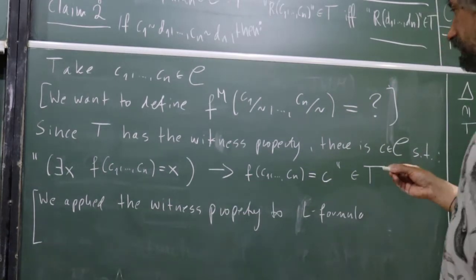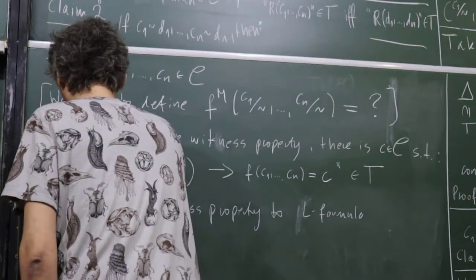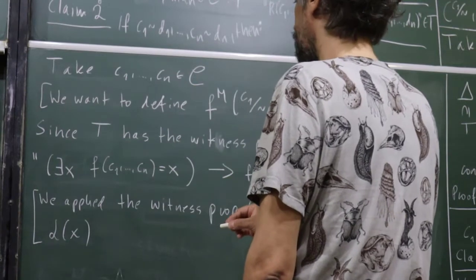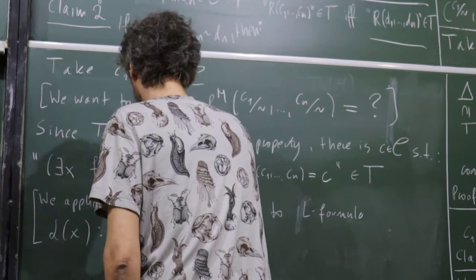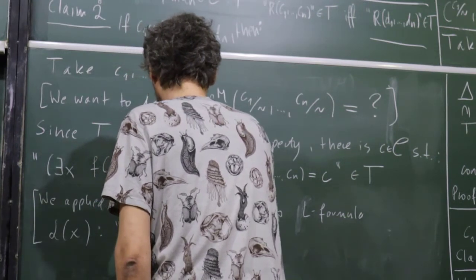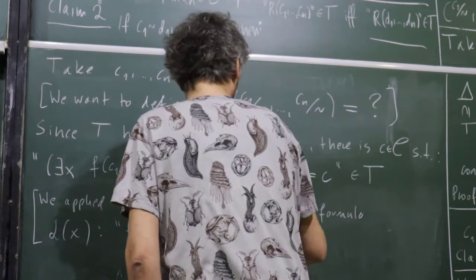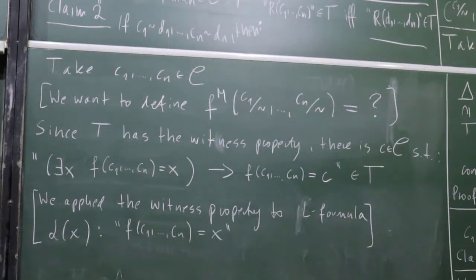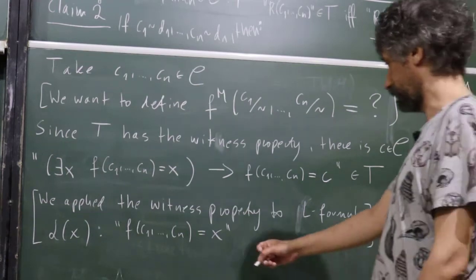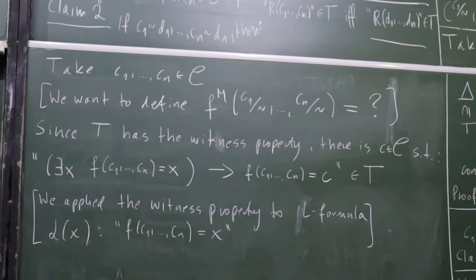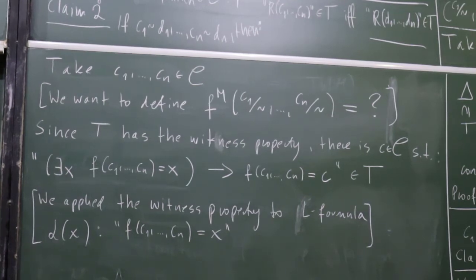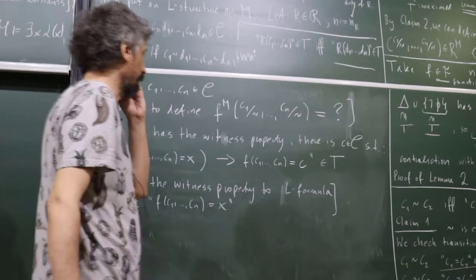So what is this formula? Alpha of X. I mean exactly this alpha, because we are looking for this element. So we take the formula with one free variable, which is this value, and to this formula we apply the witness property.